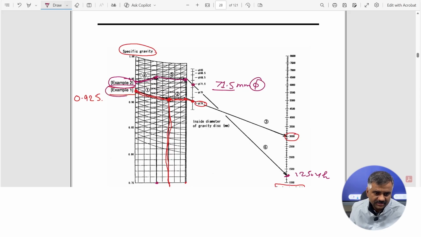So 71.5 is the internal diameter of the gravity disc. That's how we see there are two scenarios from which the gravity disk has to be decided.